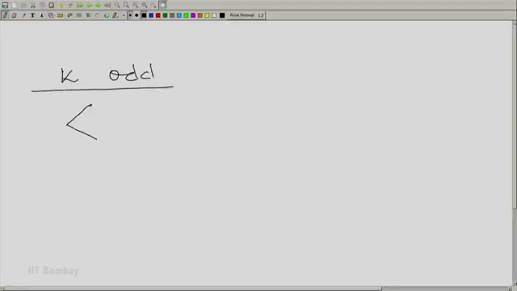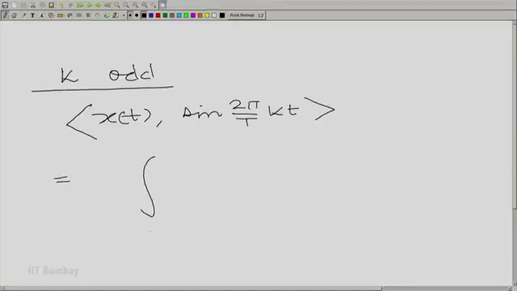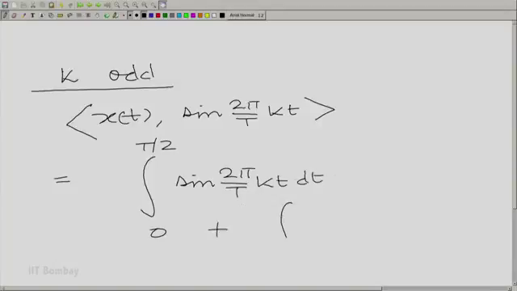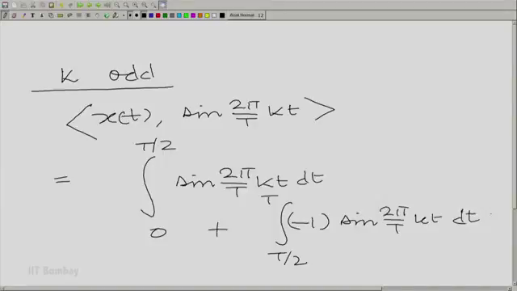So, for k odd, we have the inner product is the integral from 0 to T by 2 of 1 multiplied by sine(2 pi by T kt) dt plus the integral from T by 2 to T of minus 1 into sine(2 pi by T kt) dt. And let us evaluate each of these terms separately.